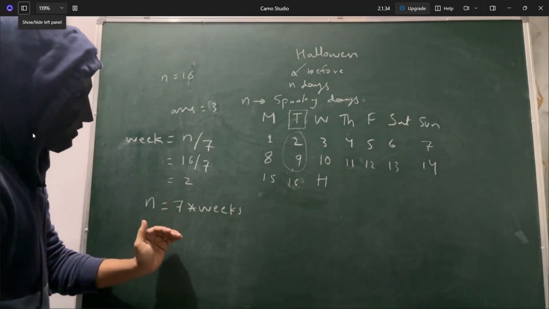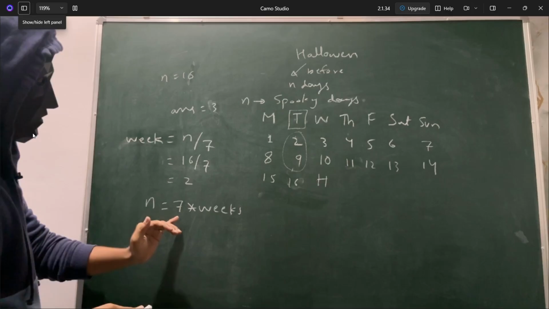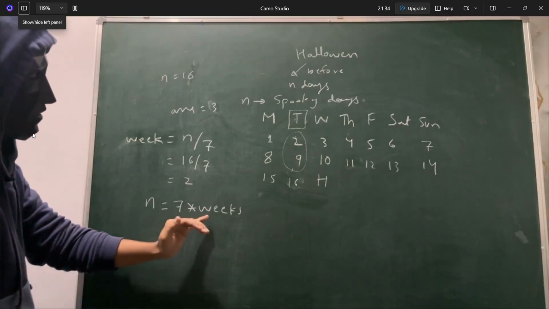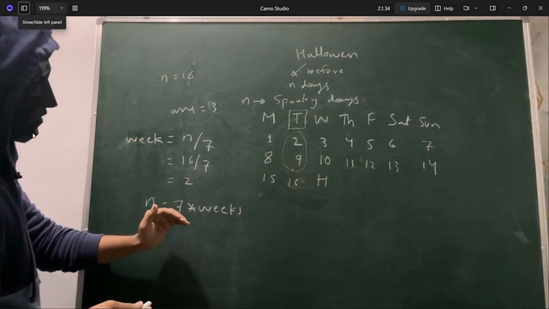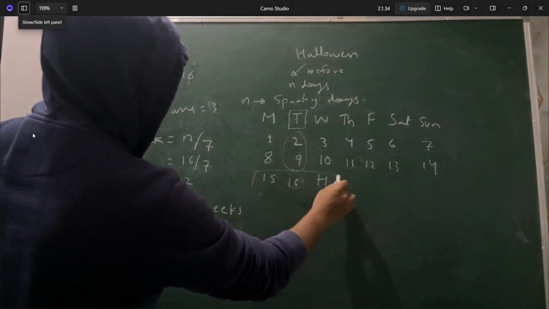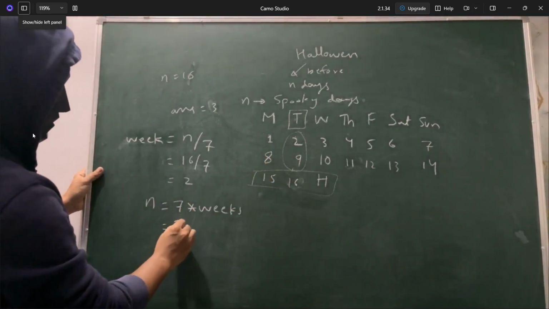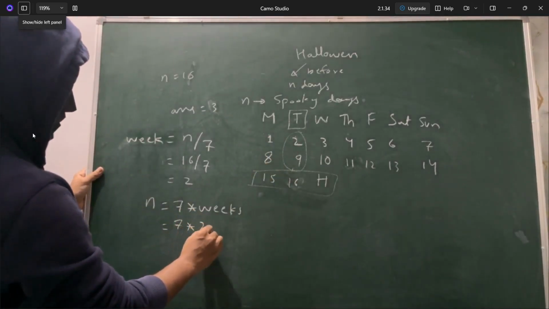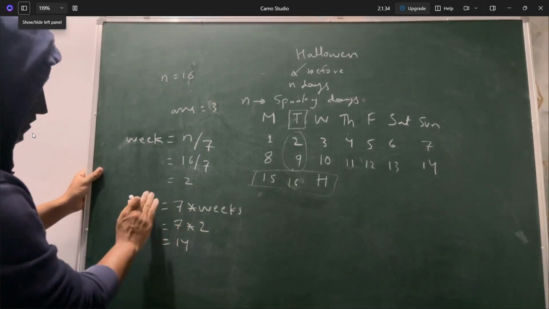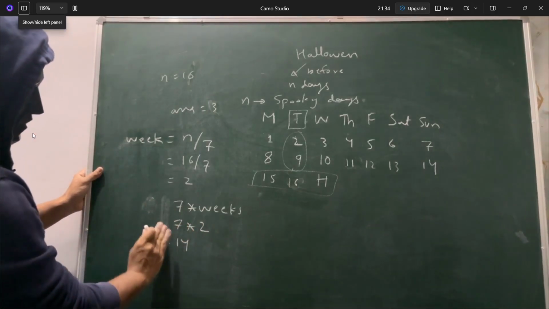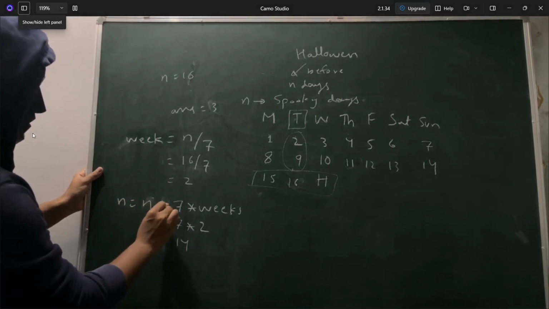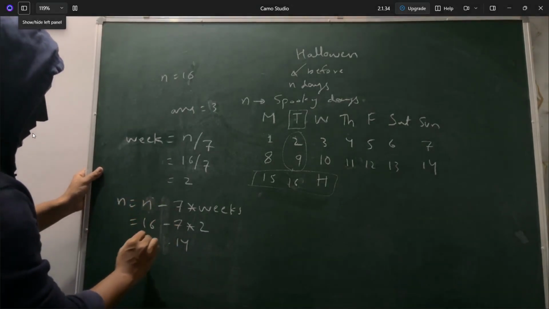Let me subtract all of 7 into how many weeks it has gone. This will give you the remaining days from n, because n is 16 and you're removing 14, since weeks is 2, so it is 14. Now your new n will be n minus this. What was n? n was 16.